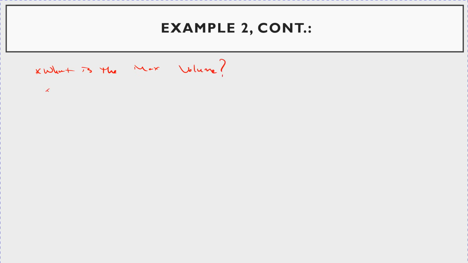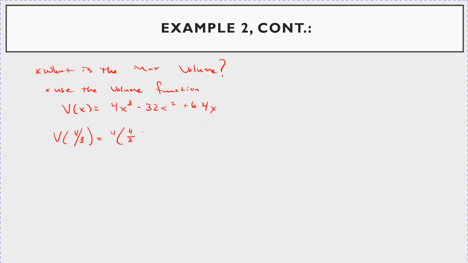To figure that out, use the volume function. Going back, our volume function was 4x cubed minus 32x squared plus 64x. So you plug in this value: 4 times 4/3 cubed, minus 32 times 4/3 squared, plus 64 times 4/3.